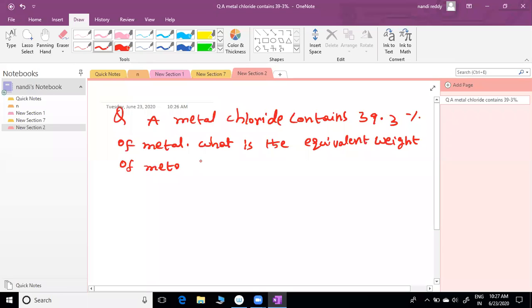First, if anyone is able to solve it, you can try. If you are not getting it, I will discuss again. I am giving 1 minute for you to solve this one. Try it. If you are not getting it, I will discuss.